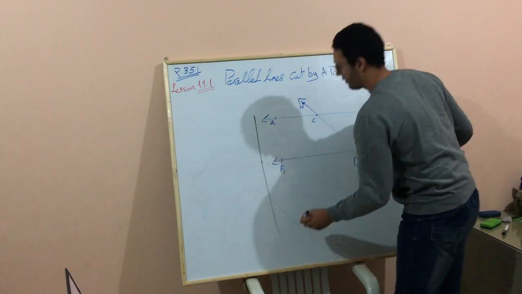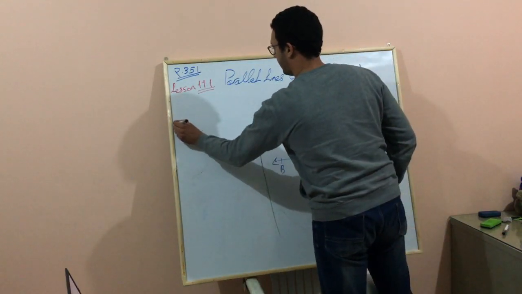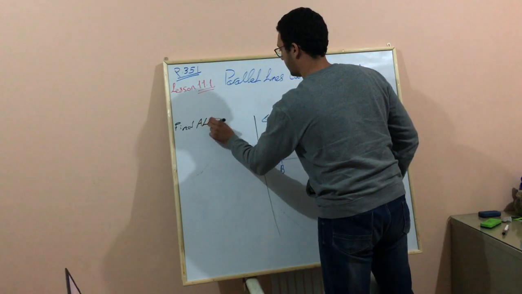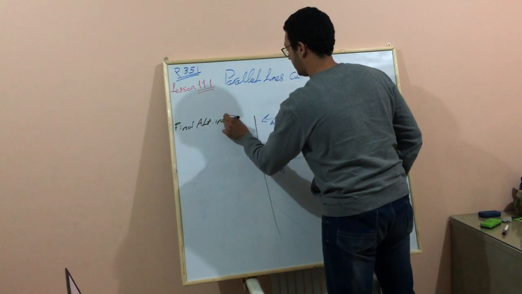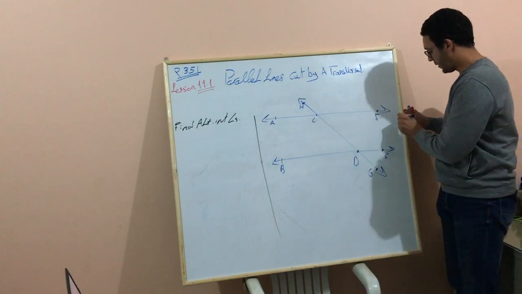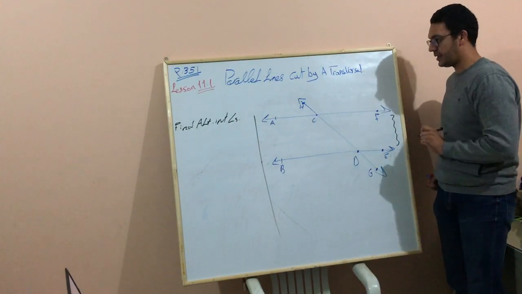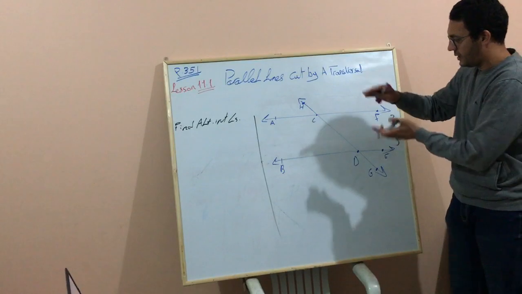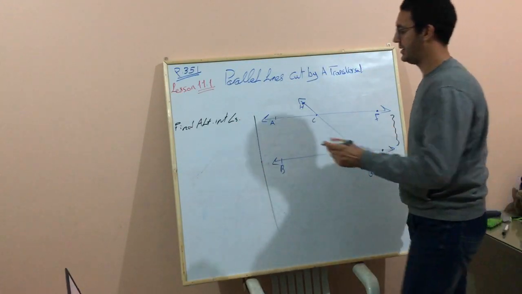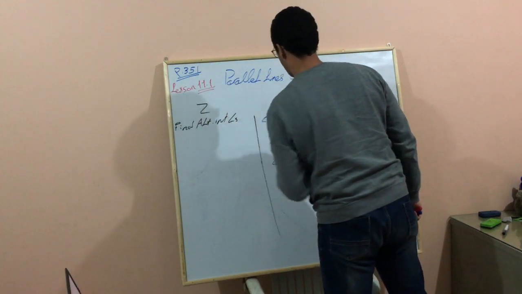So if I have the first question, find alternate interior angles. The interior part is this part, so I need to look inside it. And when I said interior, I'm looking for the letter Z, as we said before.